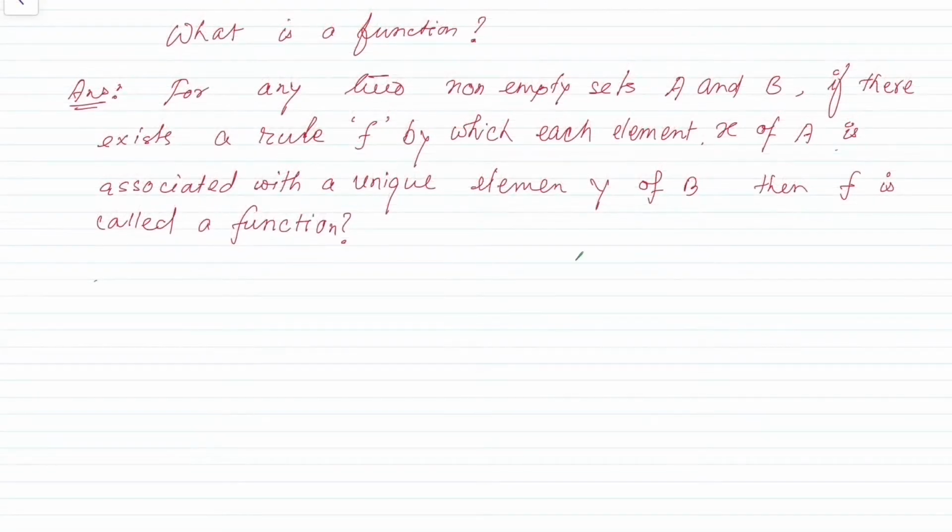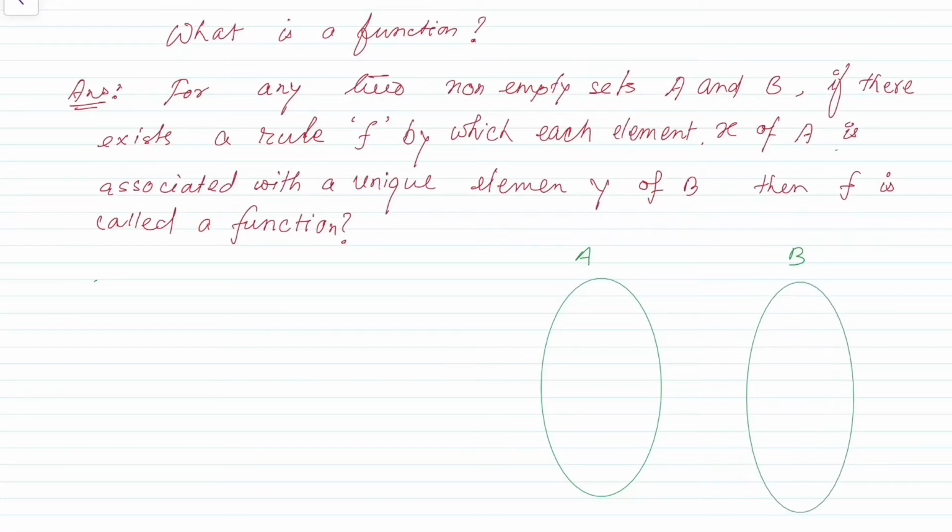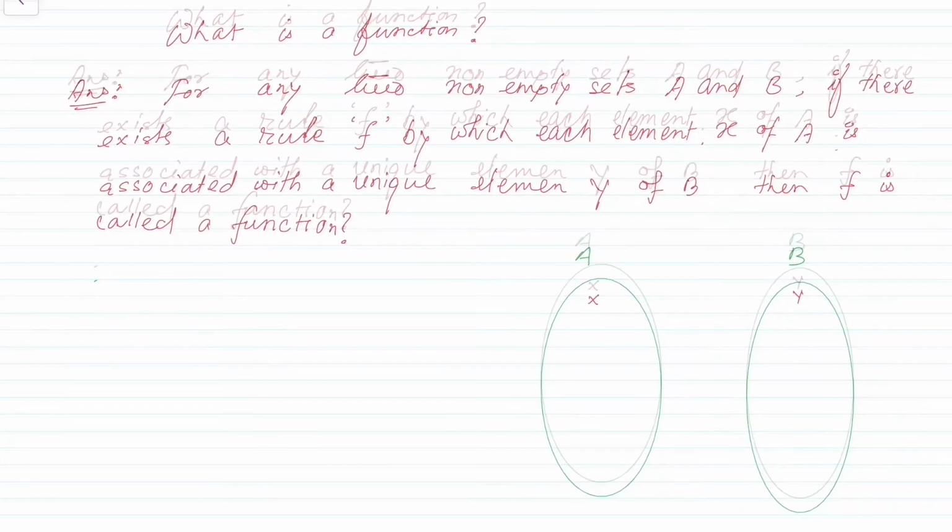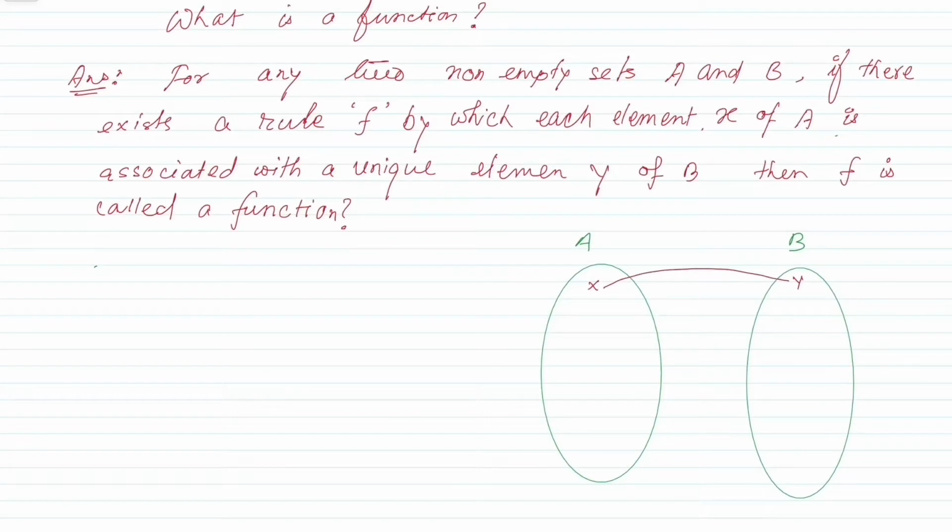Okay, we have two sets here, suppose set A and set B. This is set A, and this is set B. Let us represent the elements in A as X and elements in B as Y. Suppose we have a rule under which X is associated with Y, and the rule is such that Y is equal to f of X, where f of X is equal to X square.